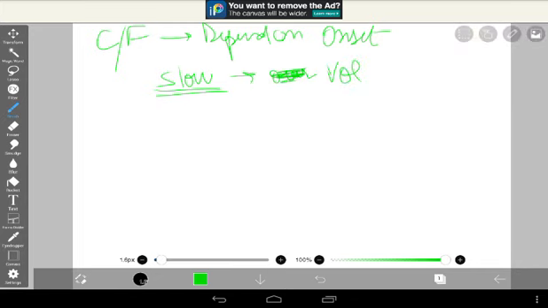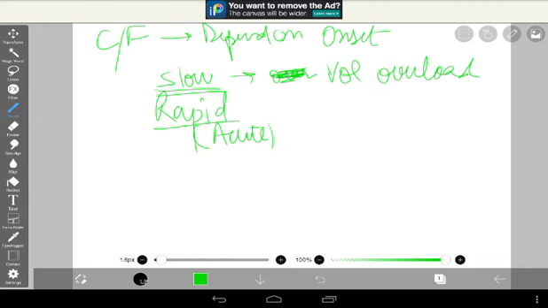The rapid form, or acute form, produces signs and symptoms related to left ventricular failure, that is, it produces pulmonary edema.